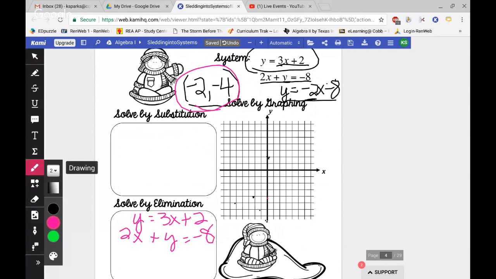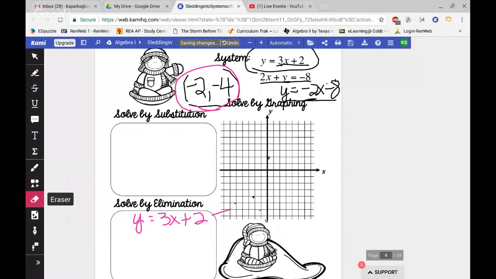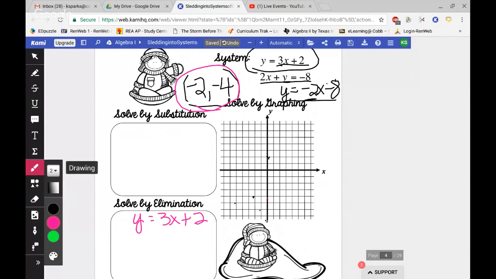So what I'm going to do is take this line right here and bring my 3x over. I'm going to erase that, because I'm trying to get it where my x's and y's line up. Right? So I'm going to subtract 3x. So it's going to give me 3x plus y equals 2.